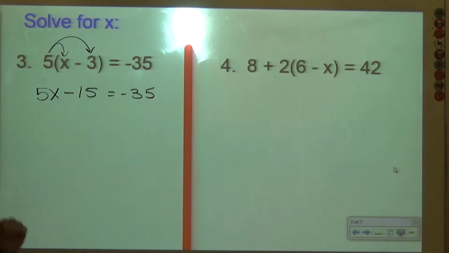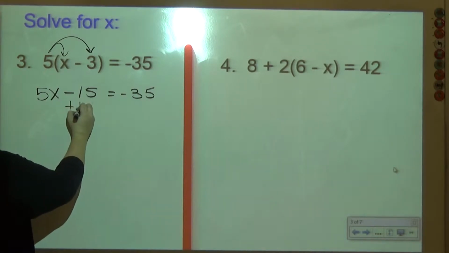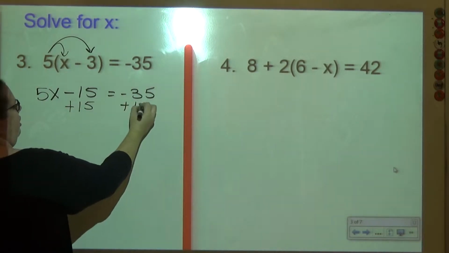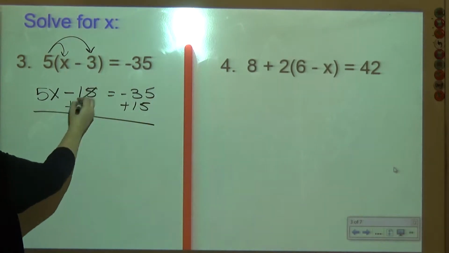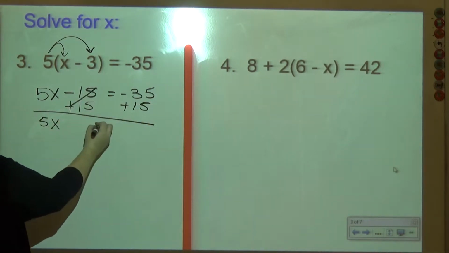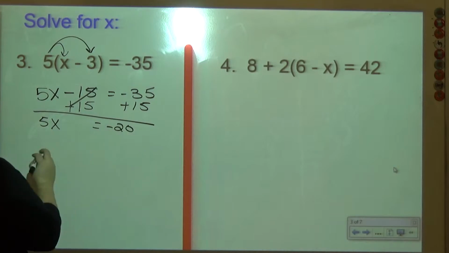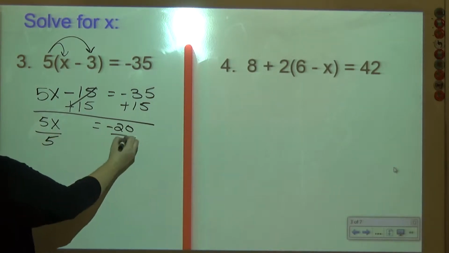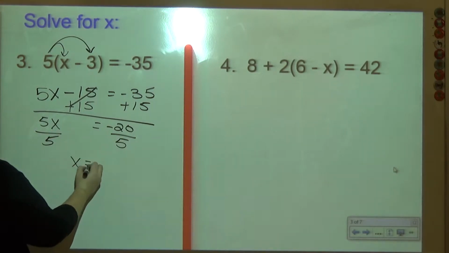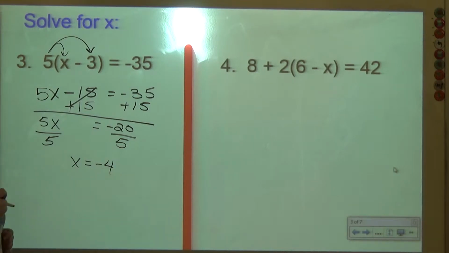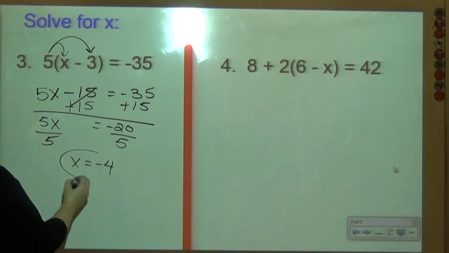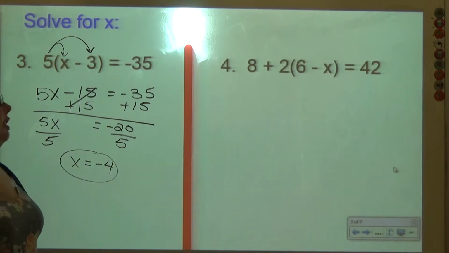Plus, they're on opposite sides of the equal sign. Now it's just a two-step problem. Opposite to get rid of that 15. 5x equals negative 20, and divide by your coefficient. x is negative 4.